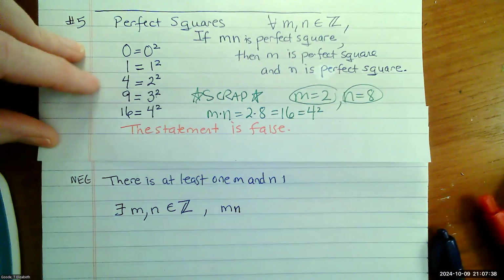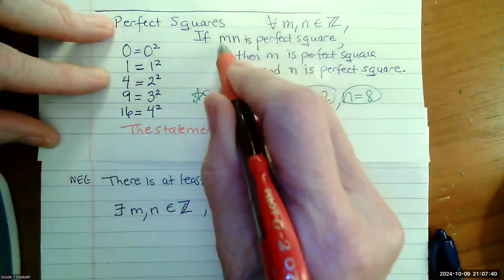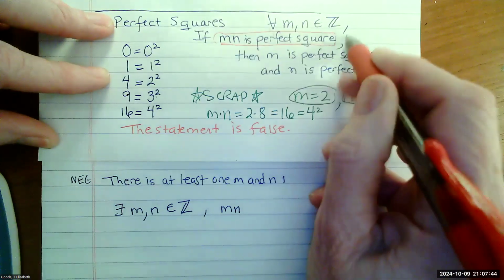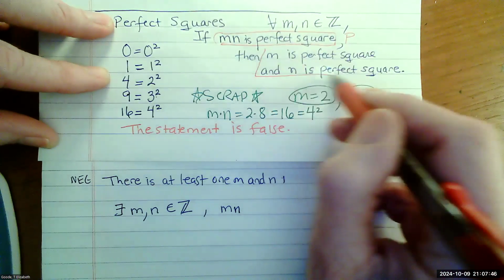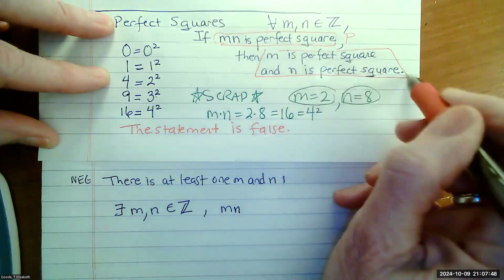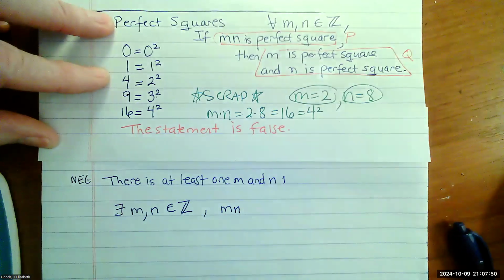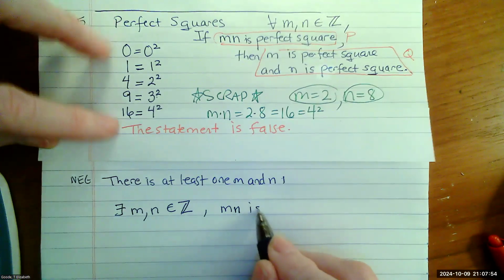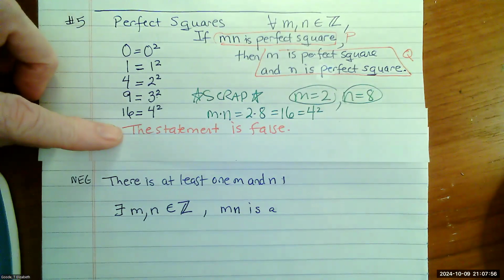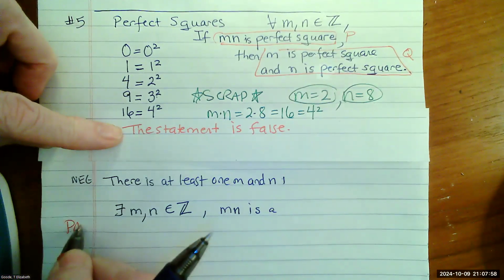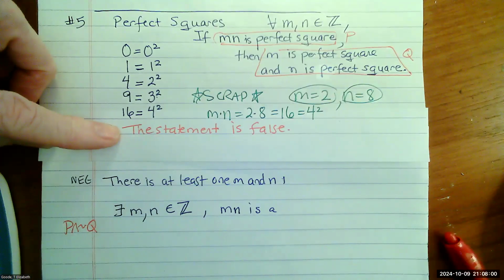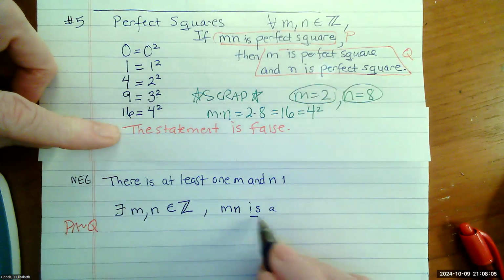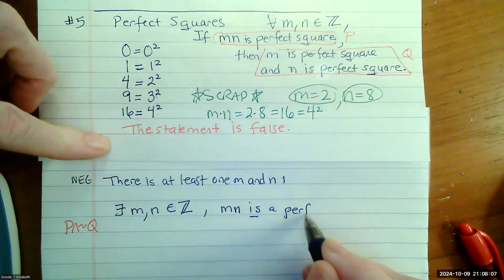Oh, wait a second. Let's be careful. This is an if P, then Q. Oh, crap. I just remembered in class, it's P and not Q. So mn is a perfect square, and that's what you found.